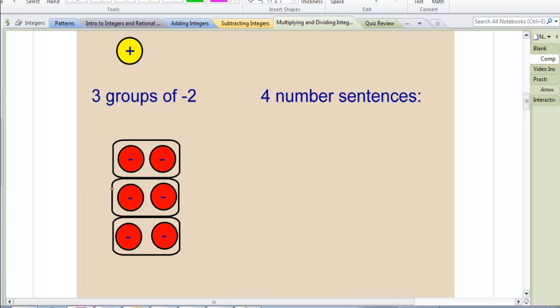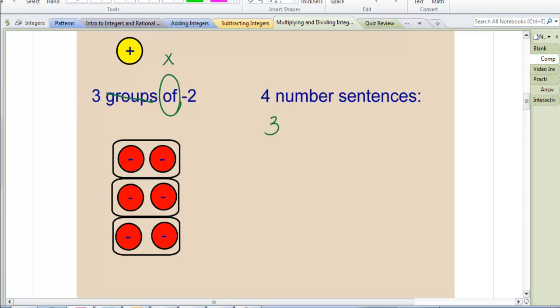So let's start with the multiplication sentence. 3 groups of, if you get rid of that word groups, you're left with the word of. And what does of always tell you to do? What operation? It always tells you to multiply. When we say that of means to multiply, a lot of times it's because it's short for groups of, which is what multiplication is based on.